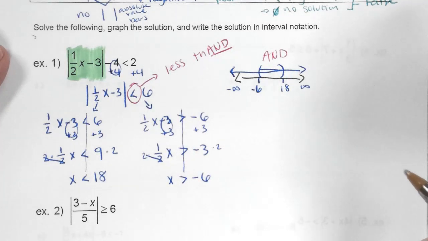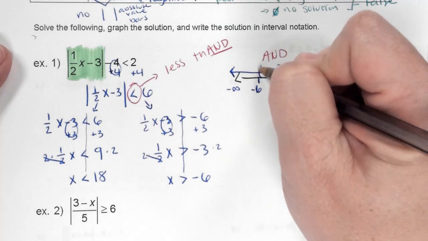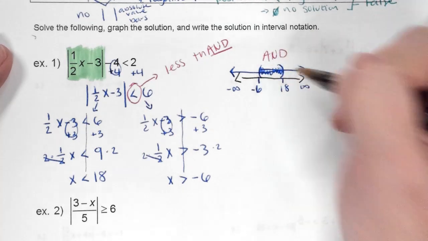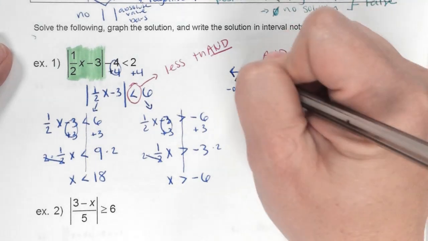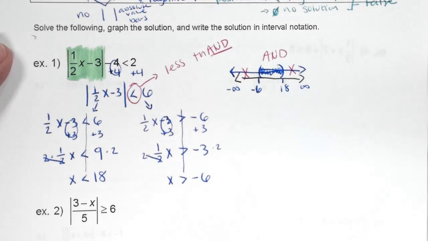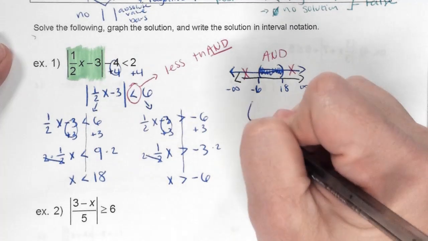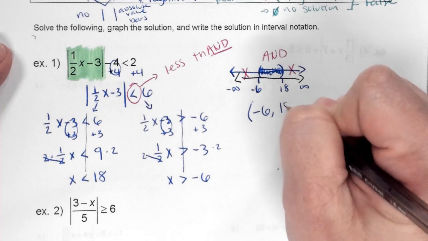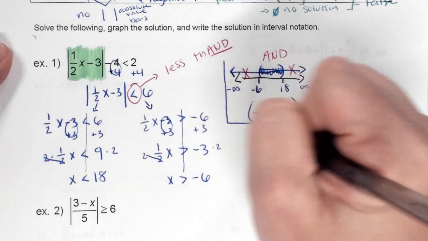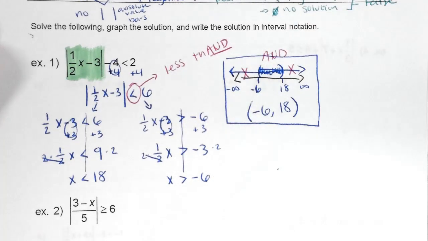And because it's an "and" problem, my solution is where it overlaps. It starts overlapping here and stops overlapping here. Not a part of my solution, not a part of my solution. So it's everything between -6 and 18. Any questions with that one?